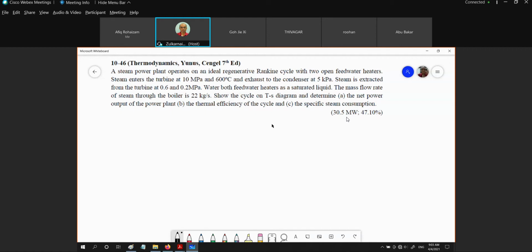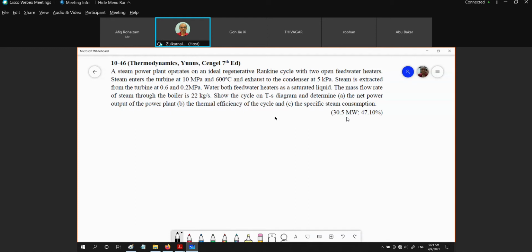Steam enters the turbine at 10 megapascal and 600 degrees C, and exhausts to the condenser at 5 kPa. Steam is extracted from the turbine at 0.6 and 0.2 megapascal. Water leaving both feed water heaters is saturated.